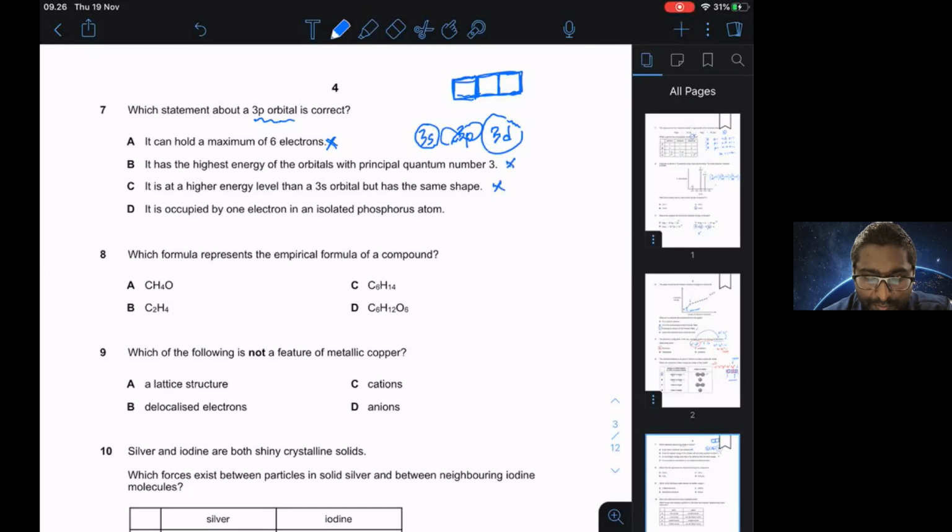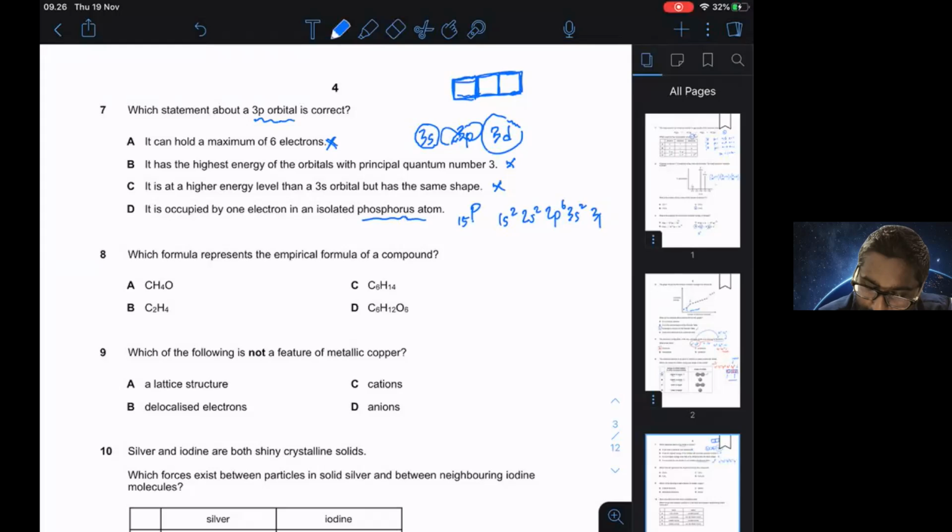It is occupied by 1 electron in an isolated phosphorus atom. Let's say an isolated phosphorus atom means P. Phosphorus is 15, so if I write down 1s2, 2s2, 2p6, 3s2, 3p3, sorry.